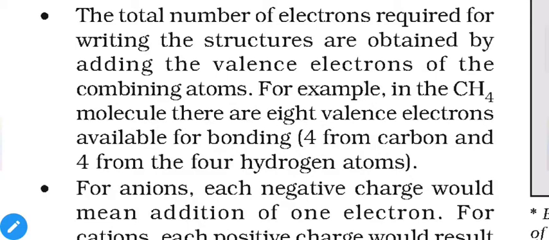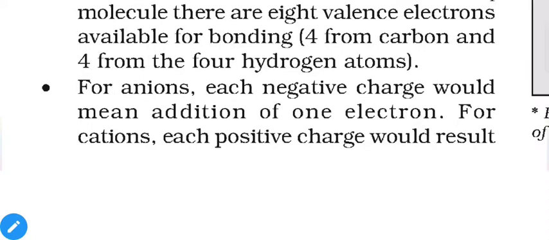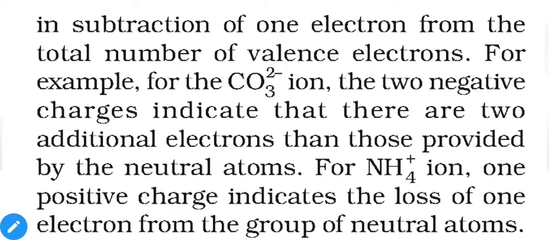So in the molecule there are 8 valence electrons available for bonding, of which 4 belong to carbon and 4 belong to hydrogens. For anions, each negative charge means addition of 1 electron. For cations, each positive charge results in subtraction of 1 electron from the total number of valence electrons.